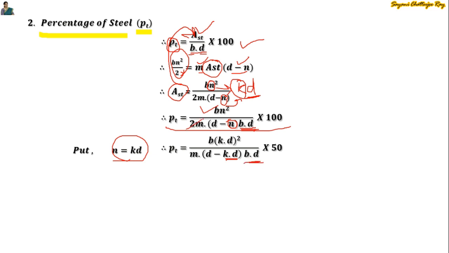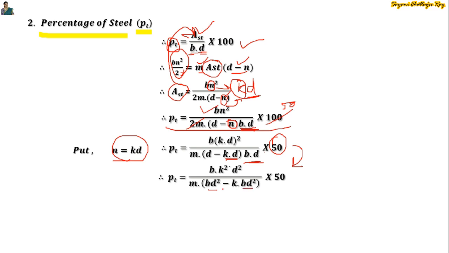In this equation 2 and 100 get cancelled. 2 into 50 is 100, so we have replaced it by 50 here. Now this equation will look like PT equals to B into k square D square divided by m BD square minus k BD square into 50. Now here I will take this BD square common and I will take it outside. So this equation will look like PT equals to B into k square D square divided by m BD square multiplied by 1 minus k into 50.